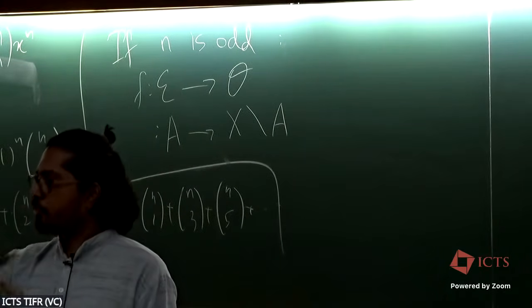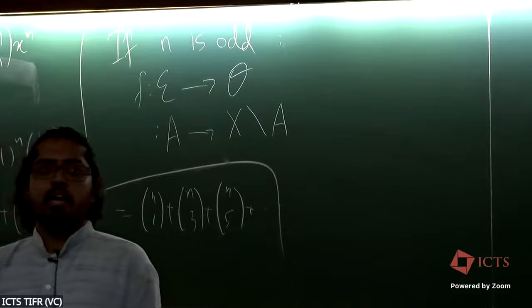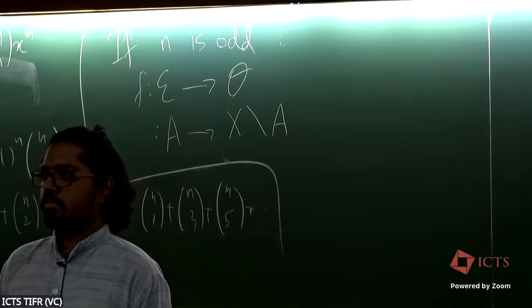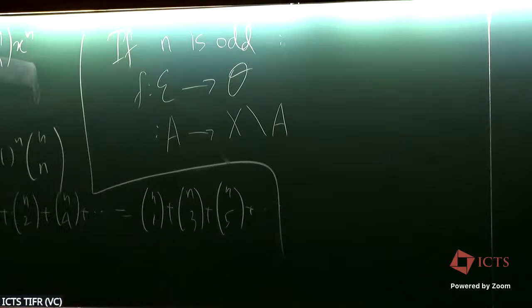So this gives you a map. For each even size subset, you get a corresponding odd size subset. And this is a pairing, correct? So this gives you the answer when n is odd. It doesn't work when n is even, because if you take an even set, you'll get an even complement. So this is part way there.